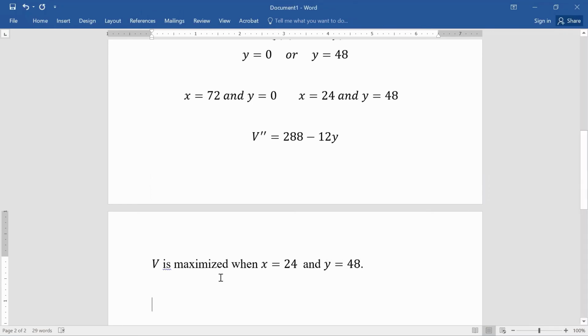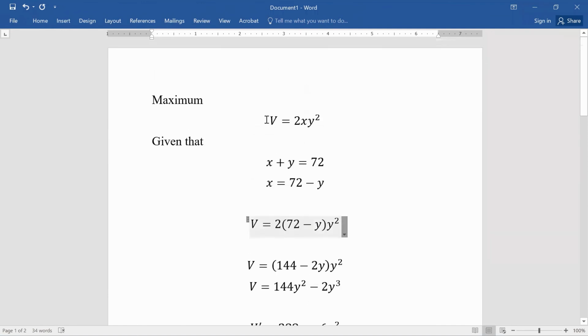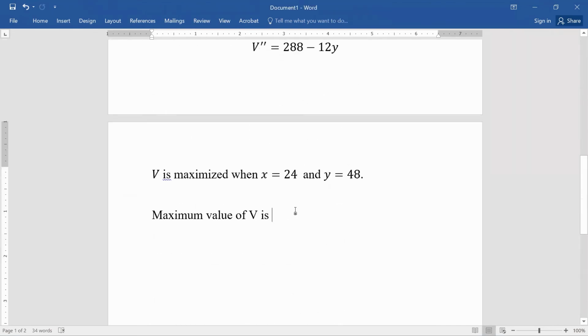I haven't yet found the maximum value for V. The maximum value of V is what we get when we take our original equation with V in it and plug in 24 into the x variable and 48 into the y variable.